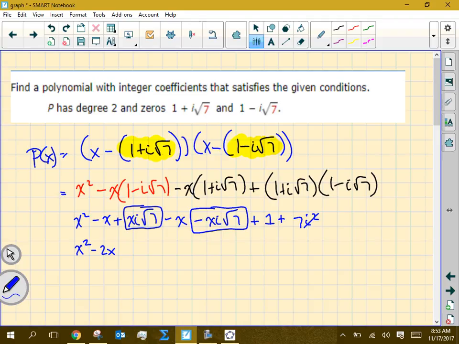We saw it in either 13 or 14, where the xi components cancel each other out. And that's always going to happen, because when we get complex solutions, they always come from a quadratic function that has real coefficients, right? So the i portions always have to cancel each other out. And then I get plus 1 plus 7 gives me plus 8. So x squared minus 2x plus 8 is going to be that final quadratic.